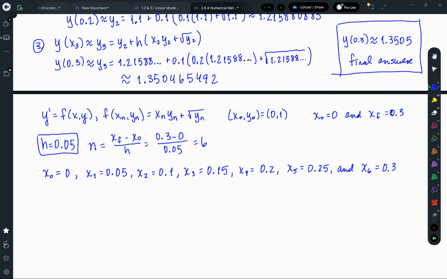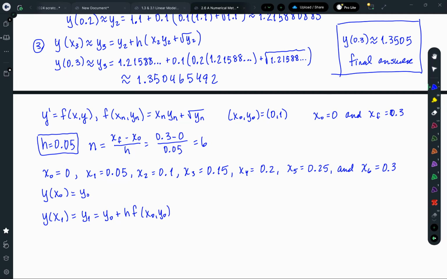Okay, let's get started. So if we know that y of x naught is equal to y naught, then that means that y of x1 will be equal to y1, which is going to use y naught plus h times f of x naught, y naught.